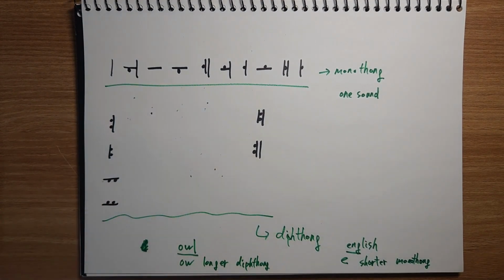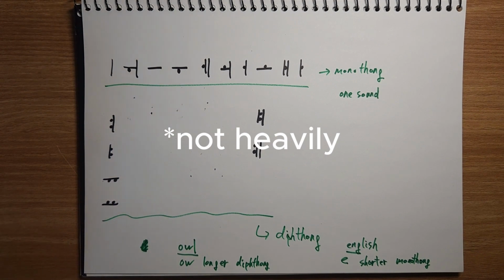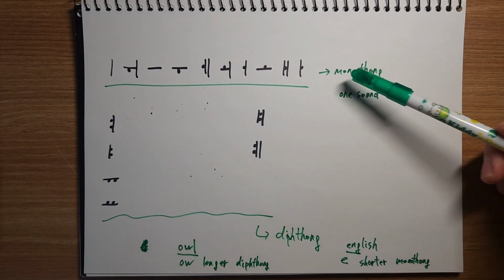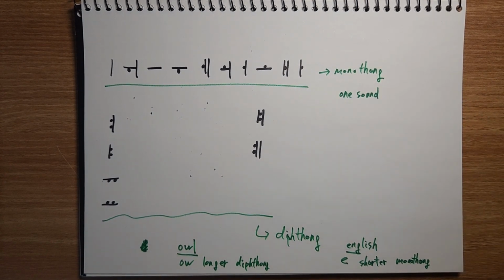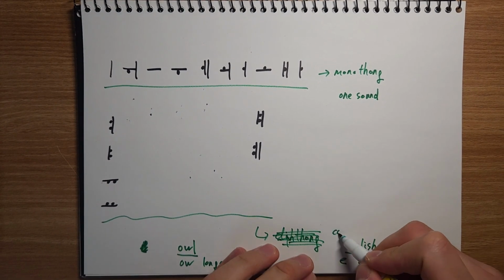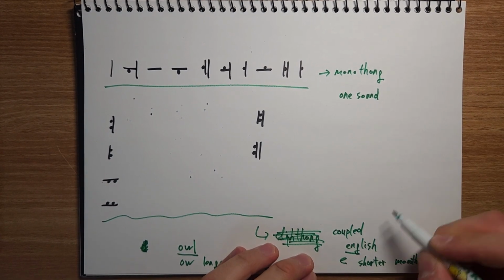In English, I think you are not very educated with diphthong and monotone because it is not that important when you learn English. But in Korean, these vowels are definitely separated. So the easiest way to understand this is, actually, for a diphthong, I would rather call this coupled vowels.